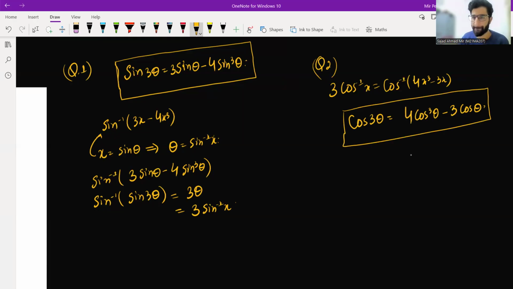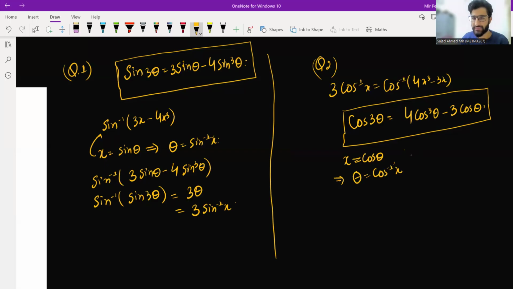This we will be using. Now you do x is equal to cos of theta. This implies that theta is equal to cos inverse of x.